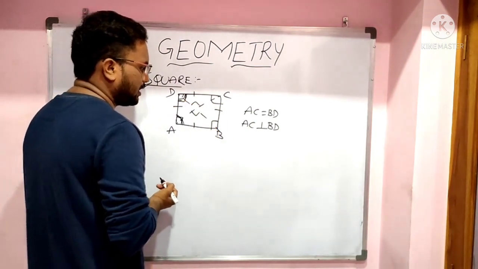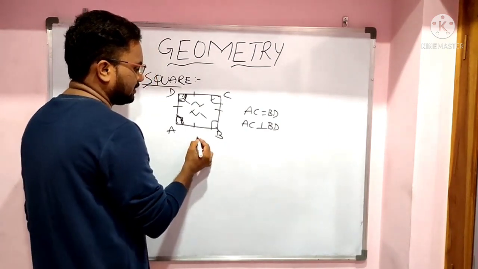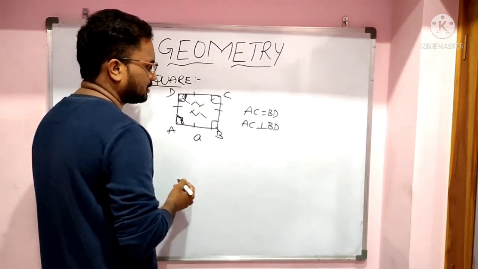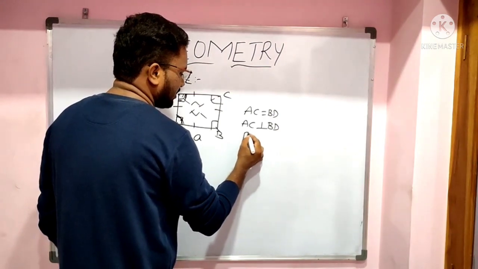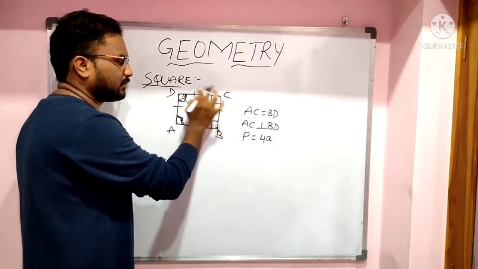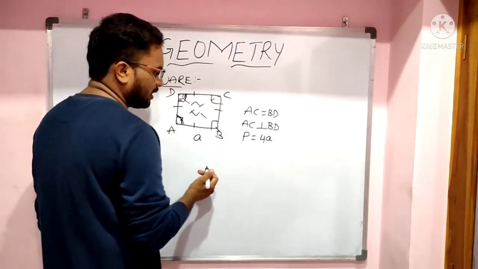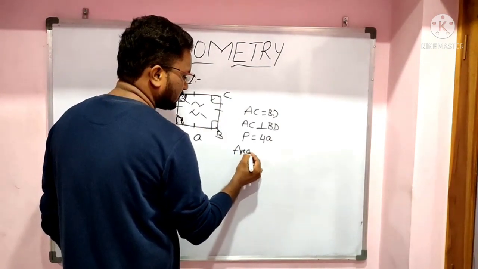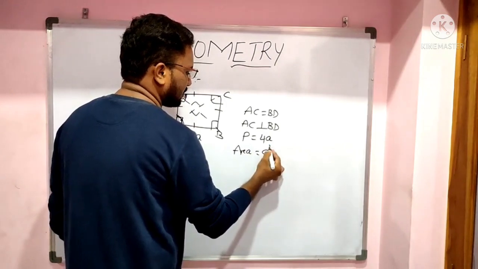Let us say the side of a square is A, then the perimeter of the square equal to 4 into A, because all sides are equal. Perimeter means sum of all sides, 4 into A, and area of square equal to A square.